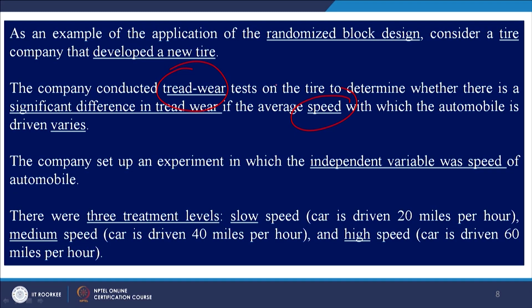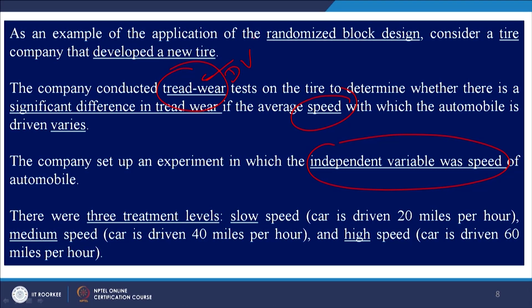The company has set up an experiment where the independent variable is speed and the dependent variable is nothing but the tread wear. So, how is speed affecting tread wear?